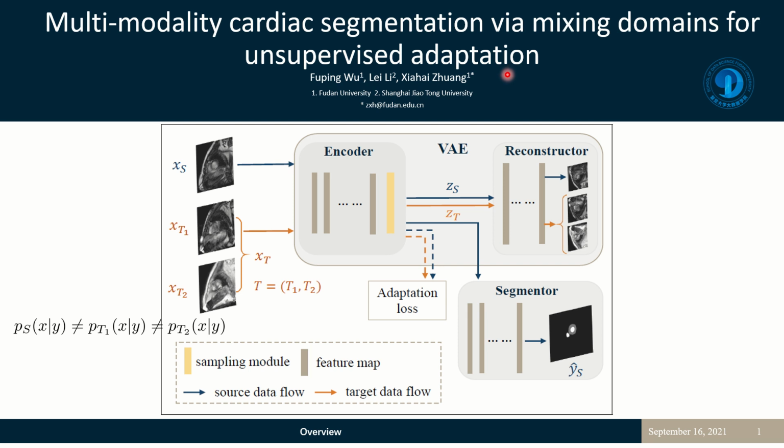So, we may wonder whether, as images from different domains could contain complementary information, such as the anatomical knowledge uncovered by CT and MR cardiac images, this data could be utilized together to boost the performance of the model on each target domain.